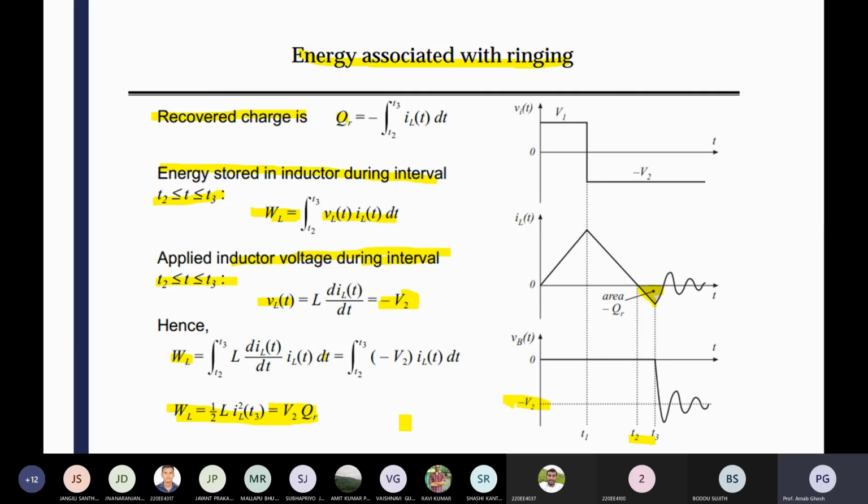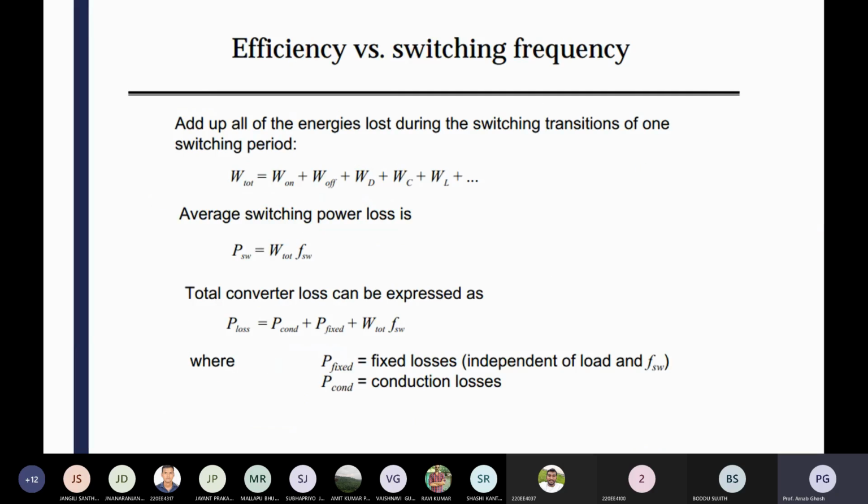Then, total efficiency versus switching losses. You can get the total losses by adding up all the energy loss during the switching transitions over the period. So you have W on, W off, then WD, WC, WL, meaning loss due to the diode, capacitor and inductor.